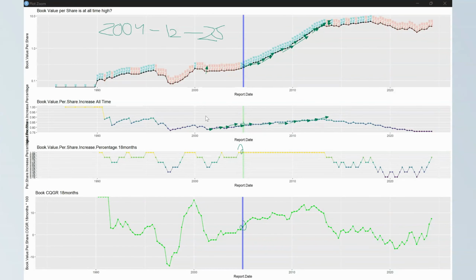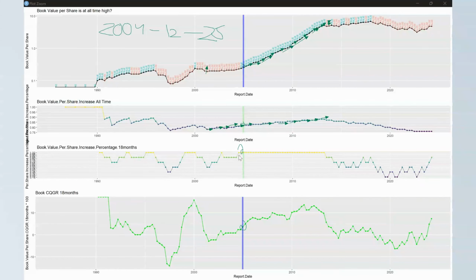even though it was never really a bad ratio to begin with, because the bottom was only 0.8, which is quite high.